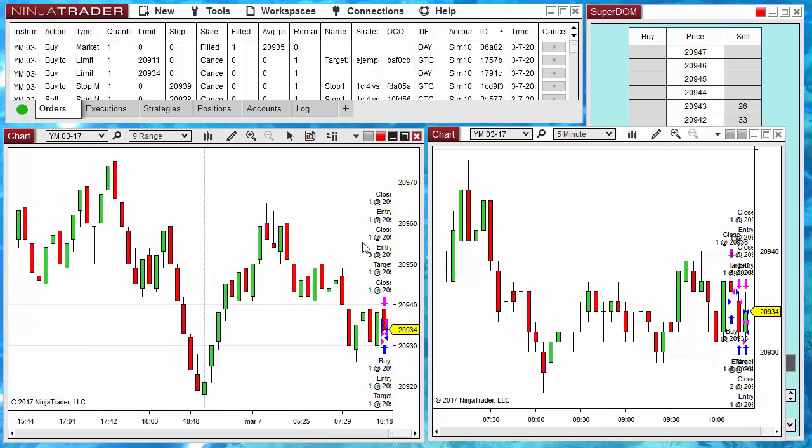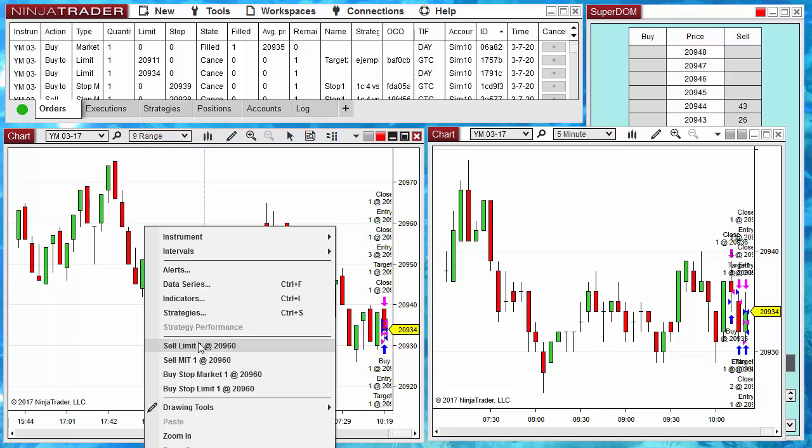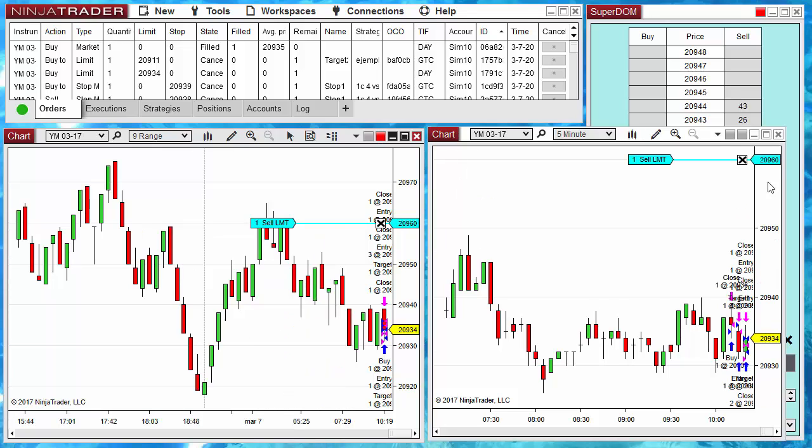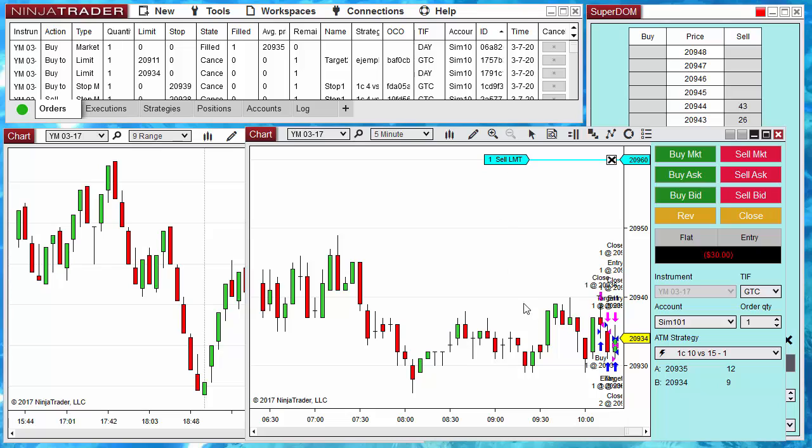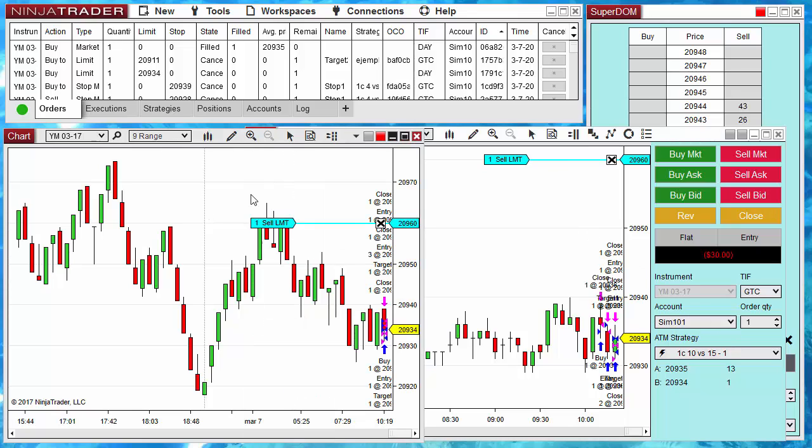Let's say that we want to trade this double top, so we place a sell limit at 950. Order pending. We see that the order is also visible on the other chart. So depending on how we have configured the ChartTrader, let's see how it is. On the ATM, we may have selected the original ATM or the same ATM used on another chart.